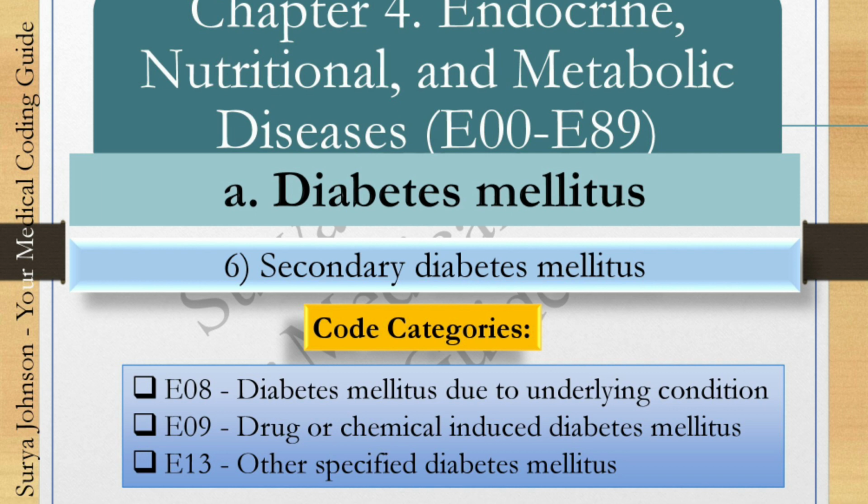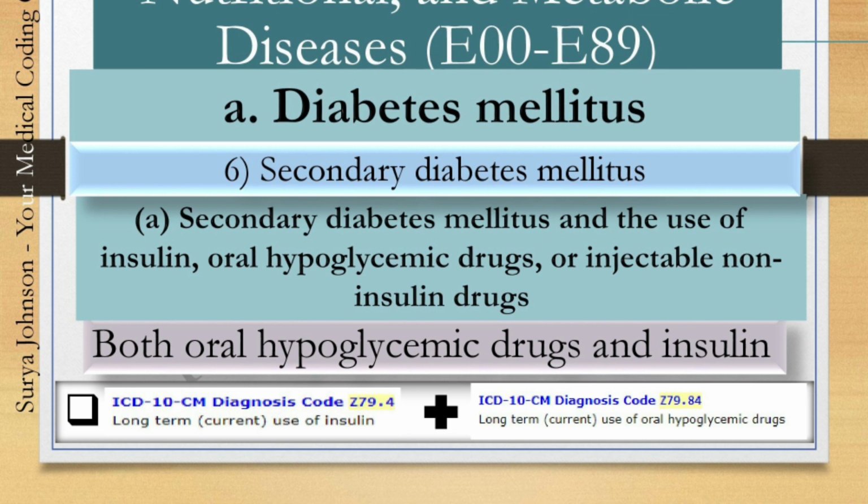Then under 6th secondary diabetes mellitus, the first one, A, secondary DM and the use of insulin, oral hypoglycemic drugs or injectable non-insulin drugs. This exact one we just saw in the diabetes mellitus. The guideline of this and that are the same.